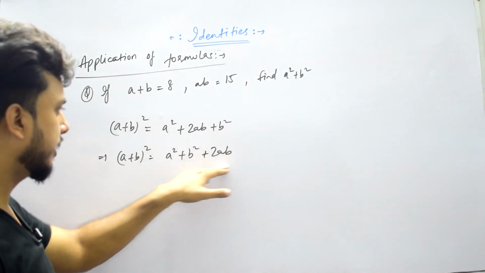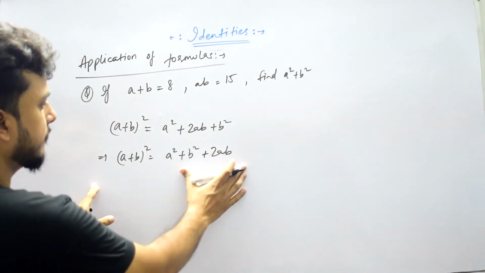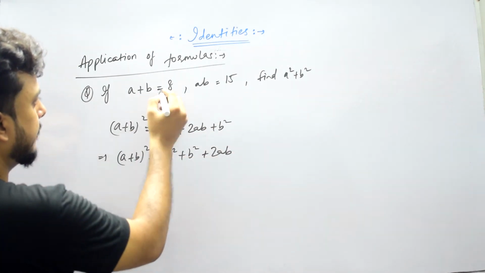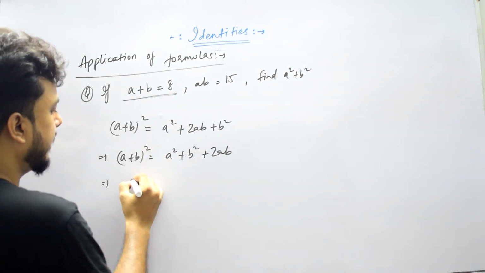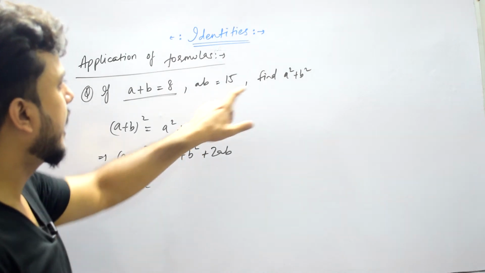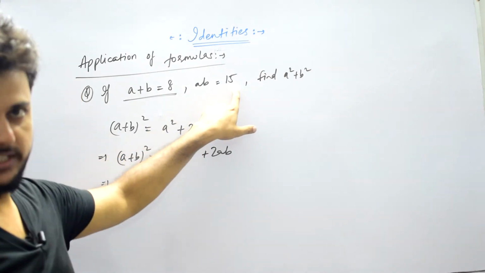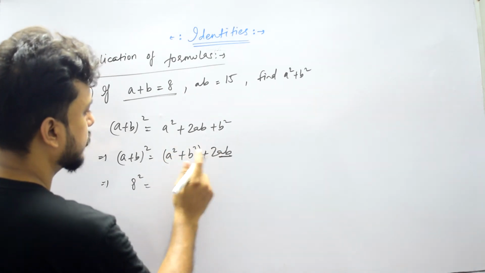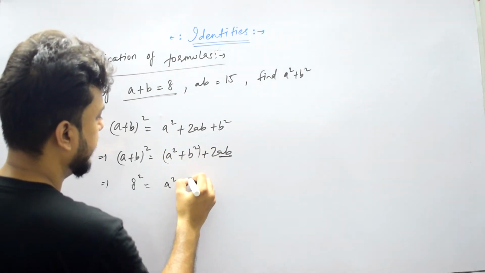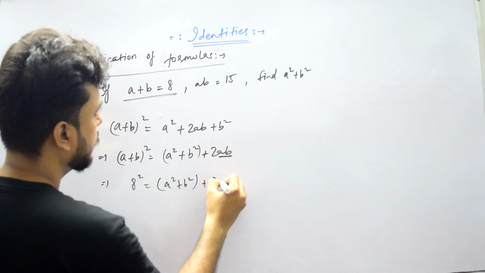Now in this formula we can see that the value of A plus B is given as 8, so in place of this we can write 8 square. And AB is given as 15, and we have to find A square plus B square. So 8 square plus... we can write A square plus B square plus 2 into 15.